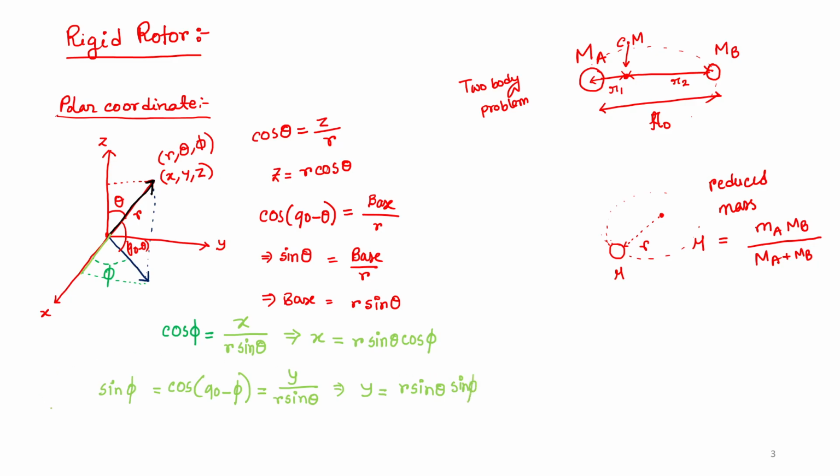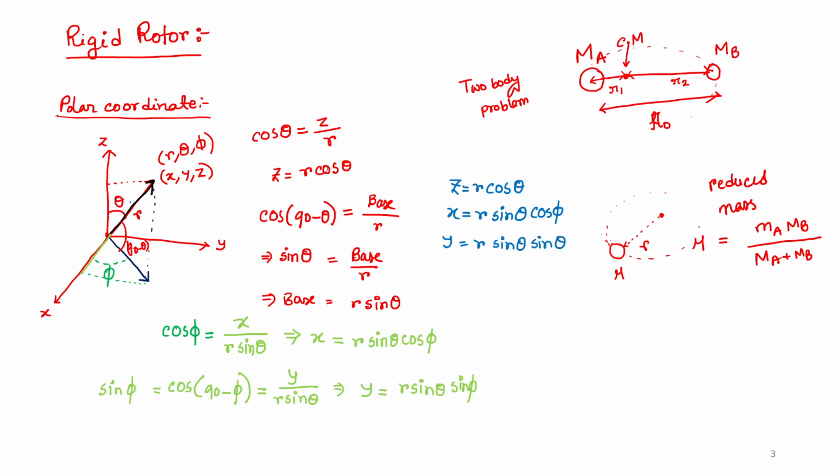So I will just rewrite my relationships here. What we got between the polar coordinates and the x coordinates is: z is r cos theta, x is r sine theta cos phi, and y is r sine theta sine phi.